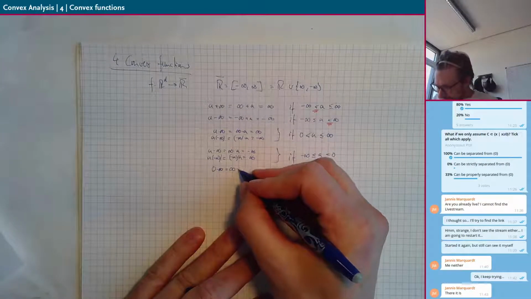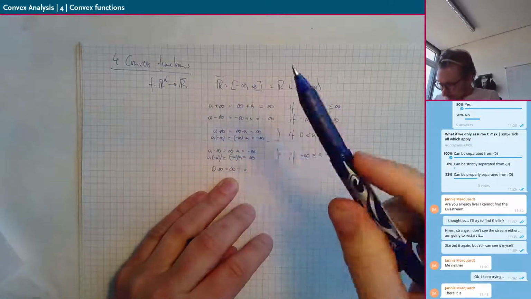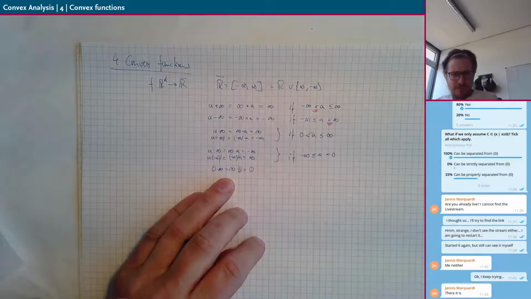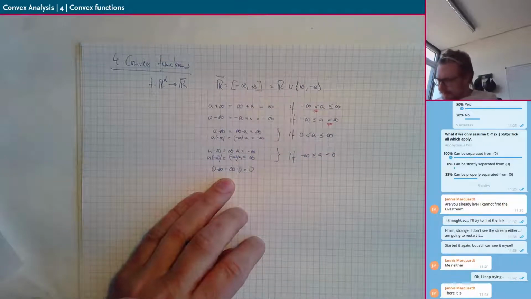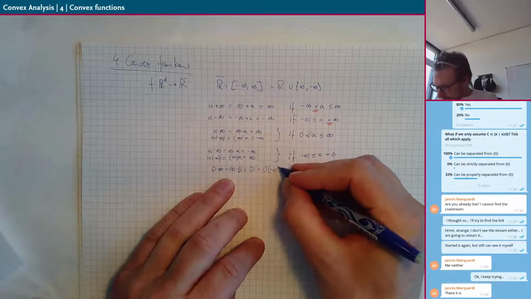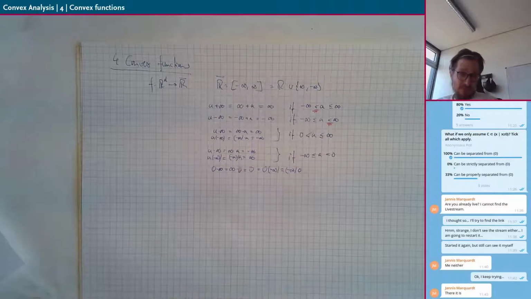But here in convex analysis we will say this is 0. Actually, I'm not sure how often this really occurs, but let's do it like this. So 0 times minus infinity is the same. If we take one of the infinities times 0, we should always get 0.